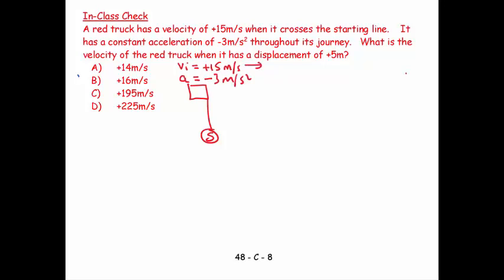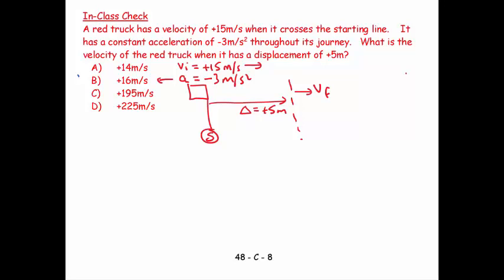So we know that if the velocity is positive and the acceleration is negative, it's slowing down. What is the velocity of the red truck when it has a displacement of plus 5 meters? So here's my displacement, which equals plus 5 meters. And I want to know what the velocity is, V final.